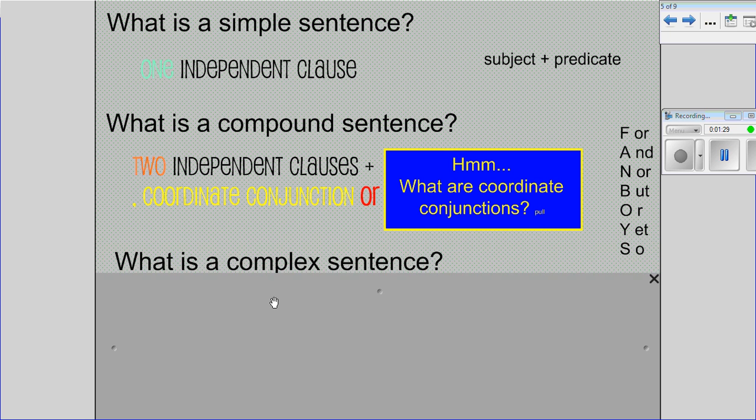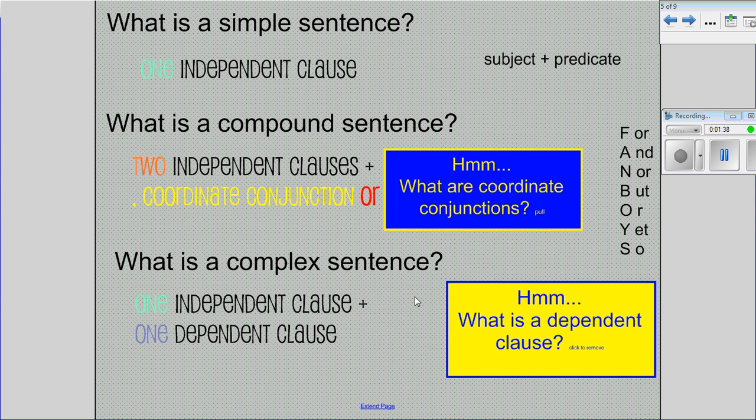Now in your notebook, go ahead and write down what a complex sentence is. A complex sentence is one independent clause and one dependent clause. We already know that an independent clause is a subject and a predicate. But what is your dependent clause? What does it mean when we say that?